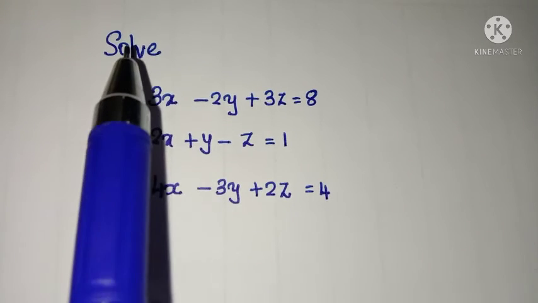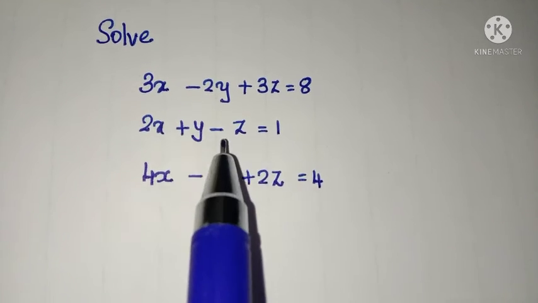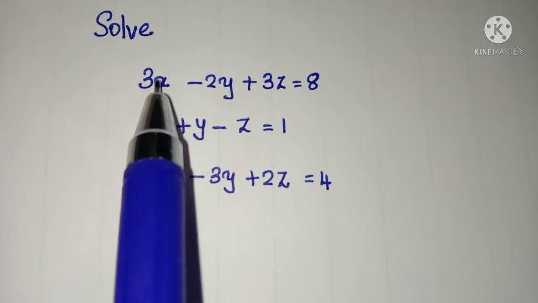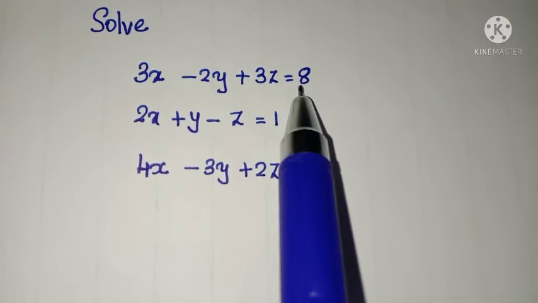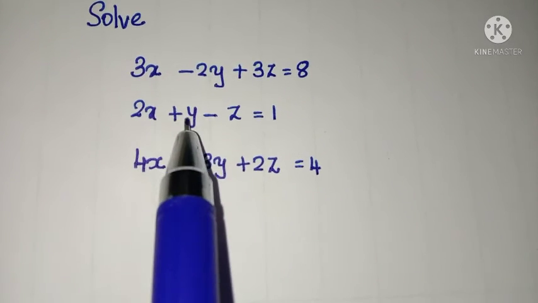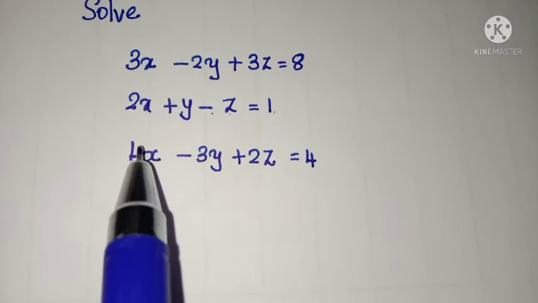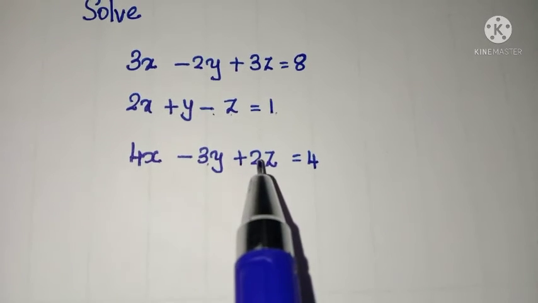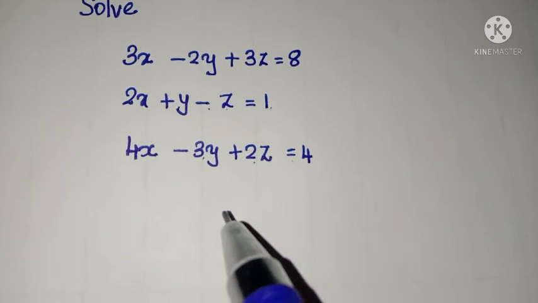Next one, solve the system of equations by matrix method: 3x minus 2y plus 3z equal to 8, 2x plus y minus z equal to 1, 4x minus 3y plus 2z equal to 4.